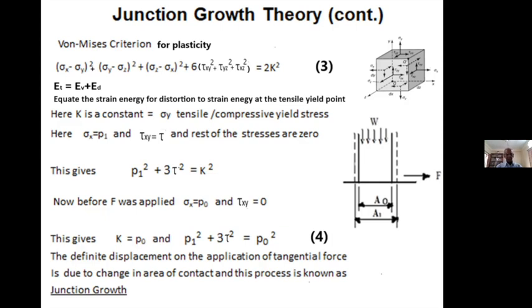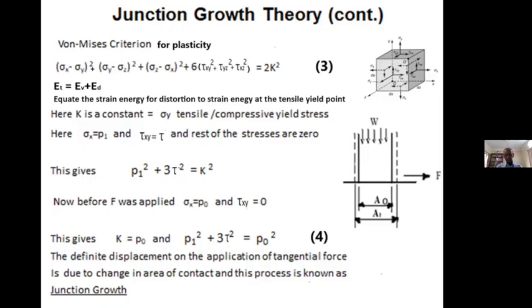Now this shows that there is a definite displacement at the contact between two sliding bodies when a tangential force is applied in addition to a normal force. And all this is before sliding occurs. And this is the situation which is described as junction growth.